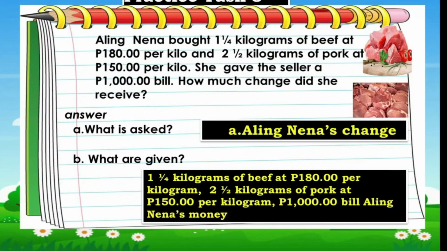Okay, let's check your answer. What is asked? Aling Nena's change. What are given? 1¼ kilograms of beef at 180 pesos per kilogram and 2½ kilograms of pork at 150 pesos per kilogram, and then 1,000 pesos bill, Aling Nena's money.